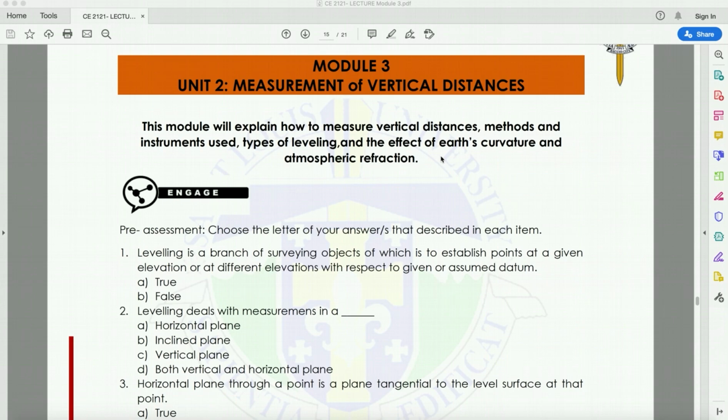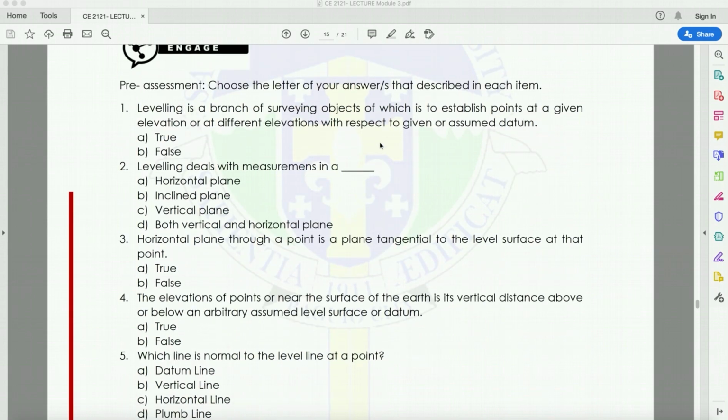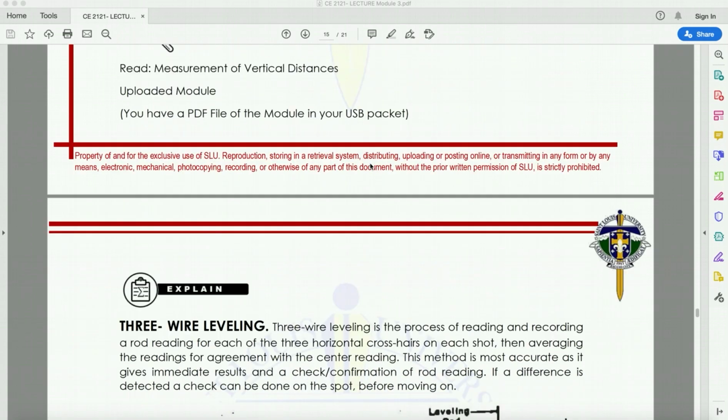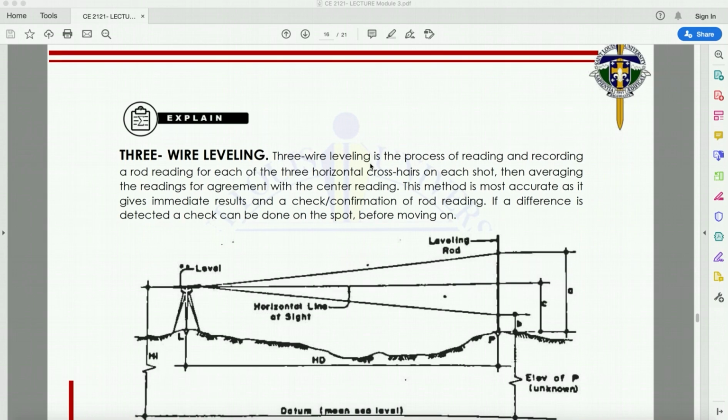Of course, after measuring the horizontal distances, we will now be proceeding with measurement of the vertical distances. So, we are already on module number 3. Okay? So, we have here the 3-wire leveling.